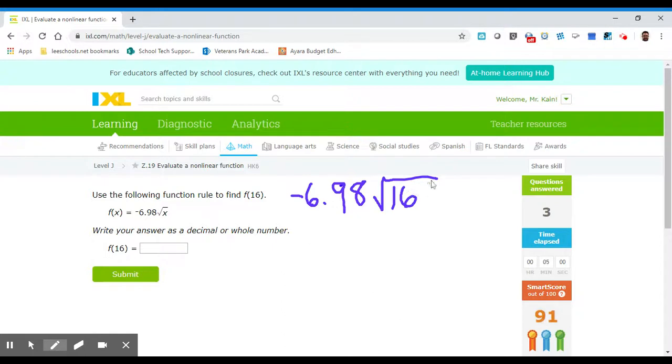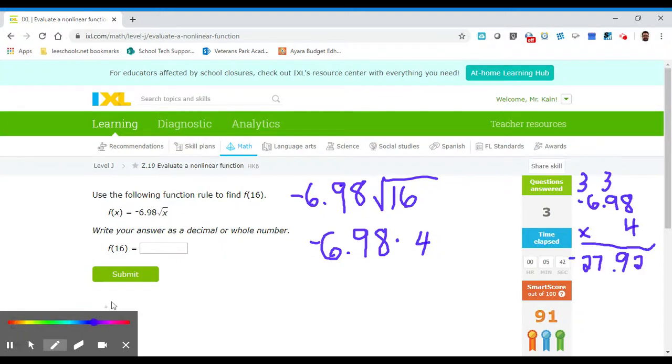So the square root of 16 is 4. So think of this as negative 6.98 times 4. And if you multiply those out, you get negative 27.92. So let's put that in there. Negative 27.92.